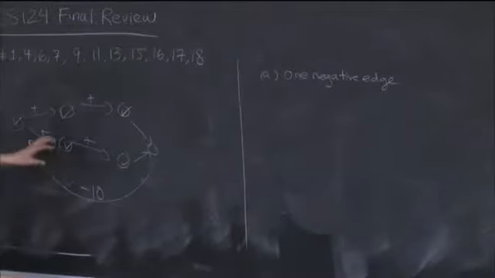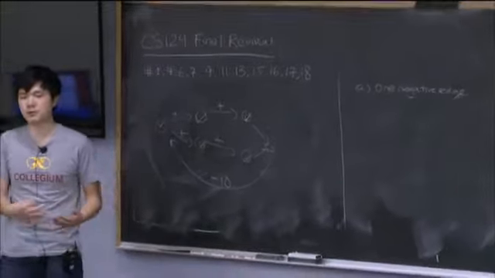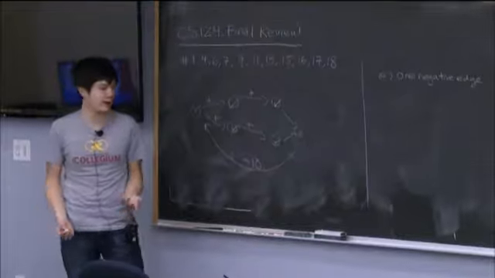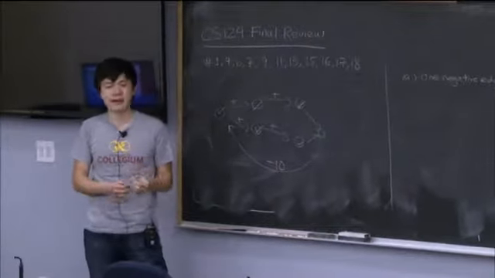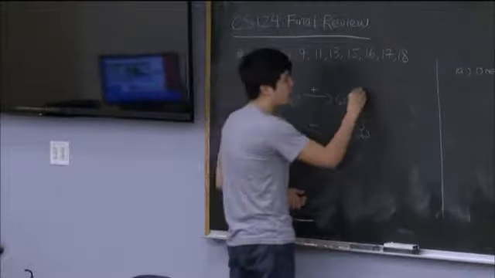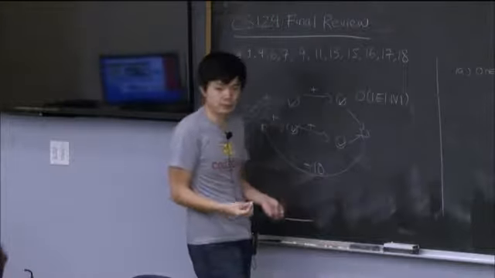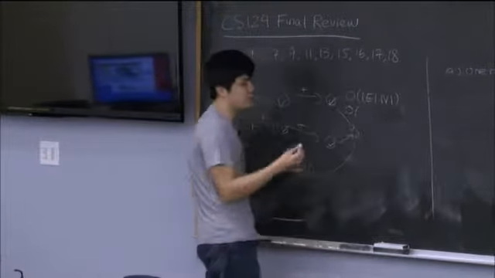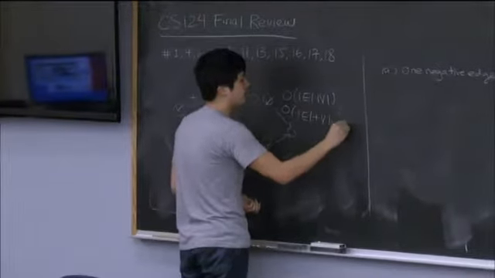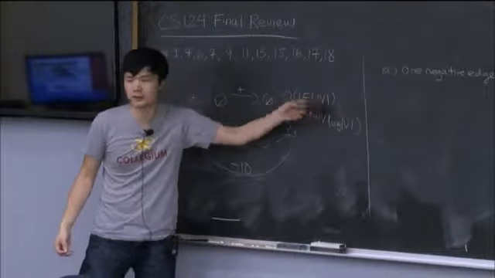Recall that if I gave you a graph that has general edge weights, positive and negative, then your best bet is to use Bellman-Ford. Bellman-Ford works with all various edge weights, but it runs at a speed that's much slower than Dijkstra's. Bellman-Ford took about O of E times V time to compute, but Dijkstra's with a Fibonacci heap takes only O of E plus V log V time, which is much smaller than multiplying those two big numbers together.